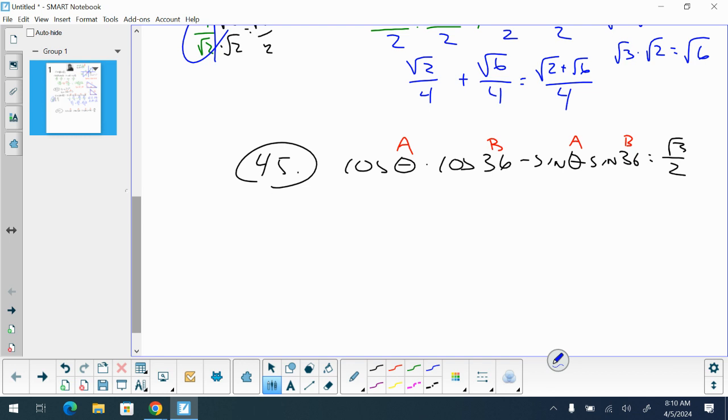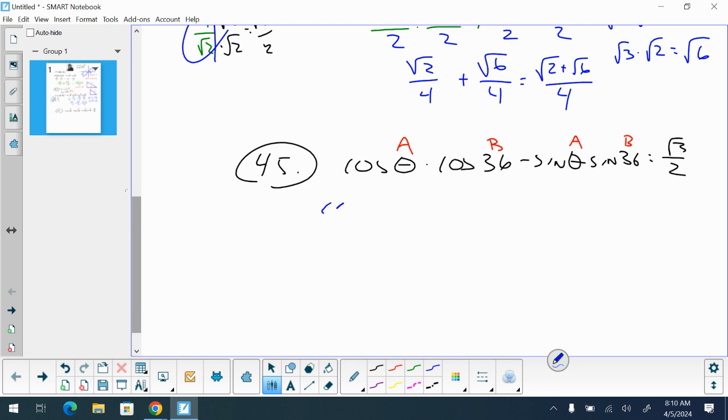We're going from right to left. Well, which one is cosine A times the cosine of B minus the sine of A times the sine of B? Which one do we have there? London? Cosine of A plus B.